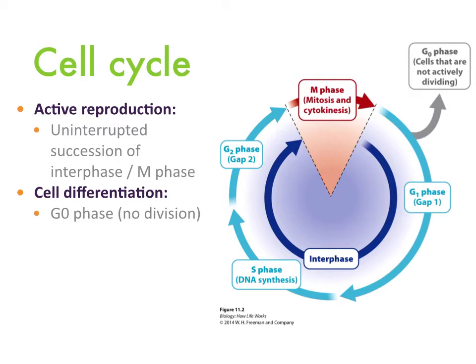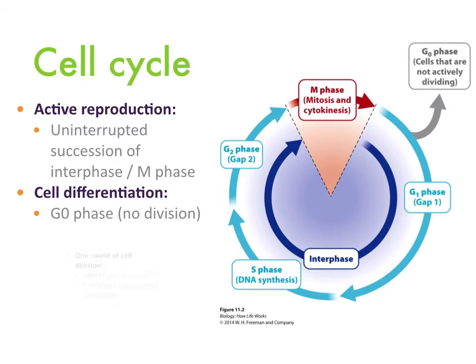They are simply in a phase of differentiation, so they are out of the cell cycle. And in fact, most of your body cells at all time are in G0. They are not dividing, they are just working, differentiated and working. So for example, a cell of the liver will make liver enzymes, a cell of the hair will make keratin, and they will not be dividing at that time.